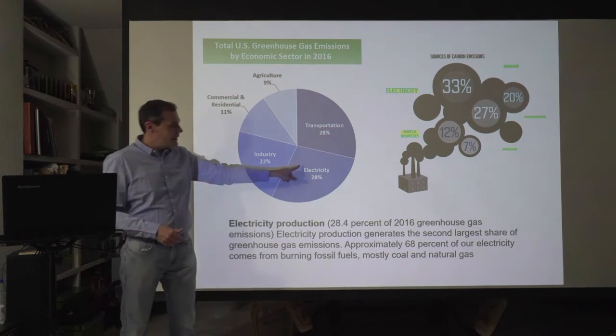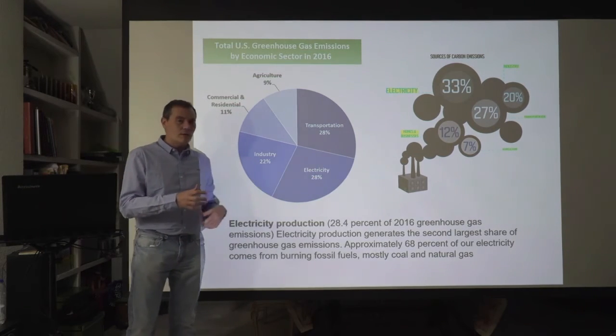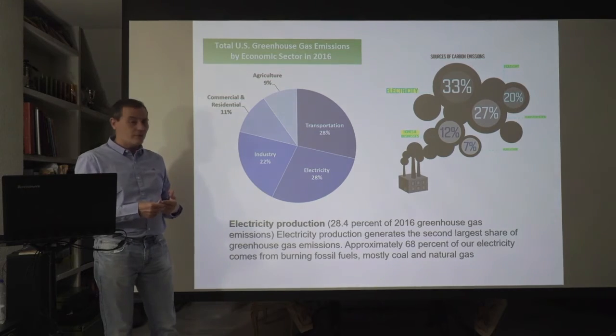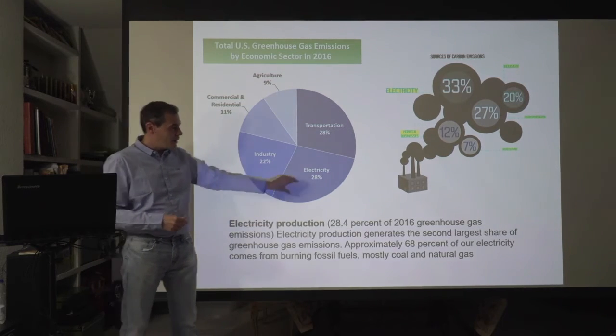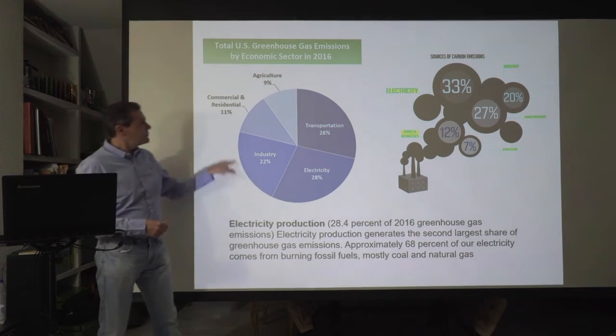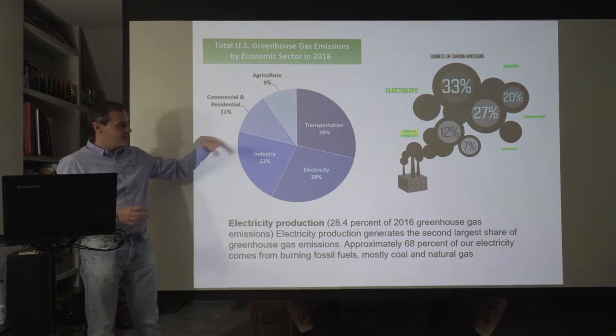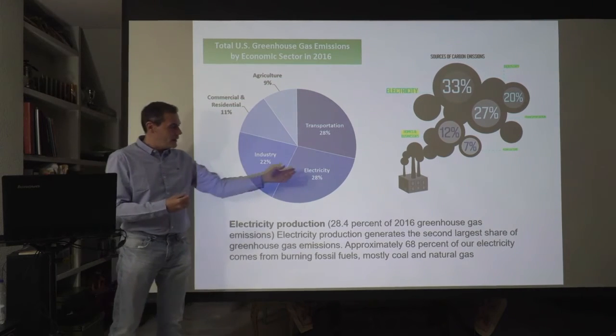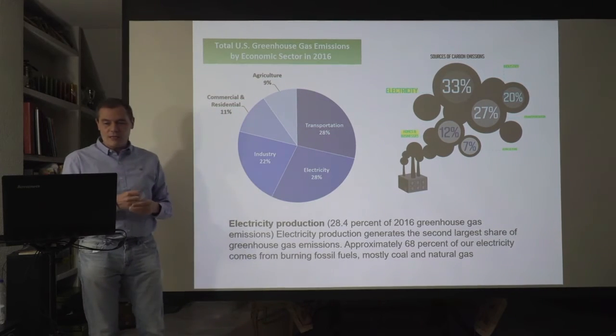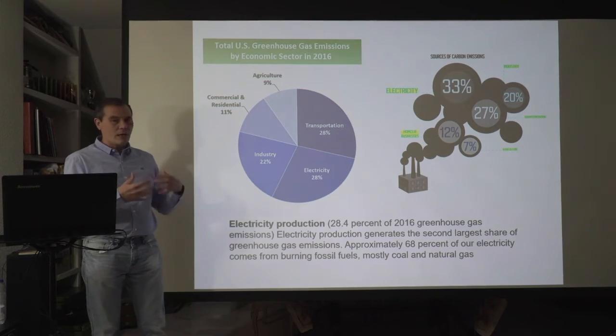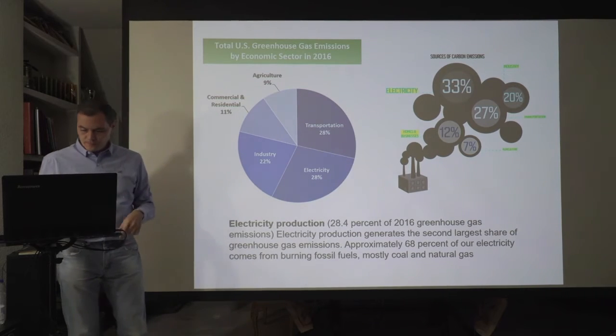Looking at this, because we use a lot of electricity in our buildings, part of this 28% is about buildings again. So with a good design, we can control greenhouse emissions in buildings.